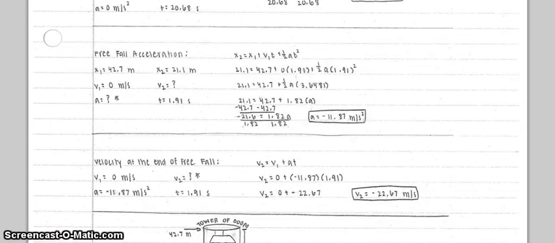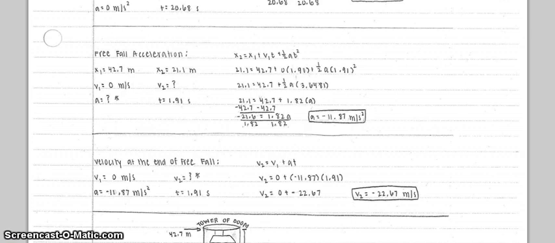Next, I am looking for the free fall acceleration. x1 is 42.7 meters because we are at the top. x2 is 21.1 meters because the ride falls 21.6 meters, which is 21.1 meters high off the ground. v1 is 0 because we are still at the top. v2 is unknown.